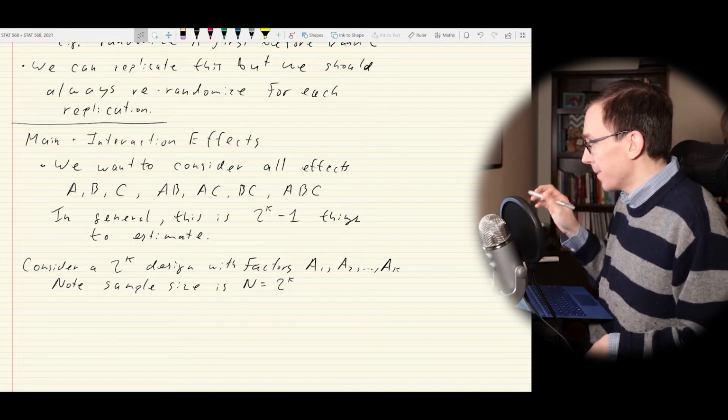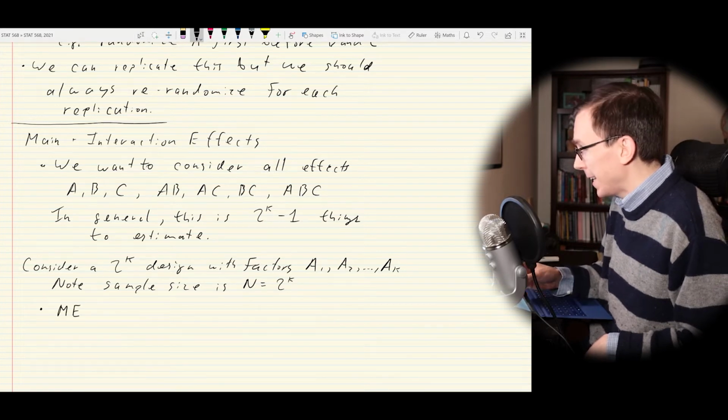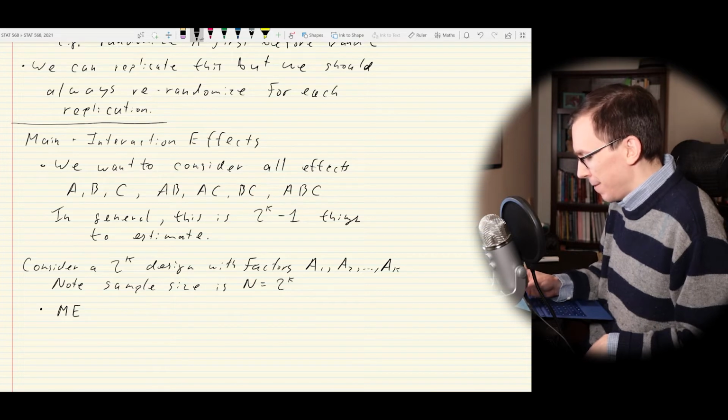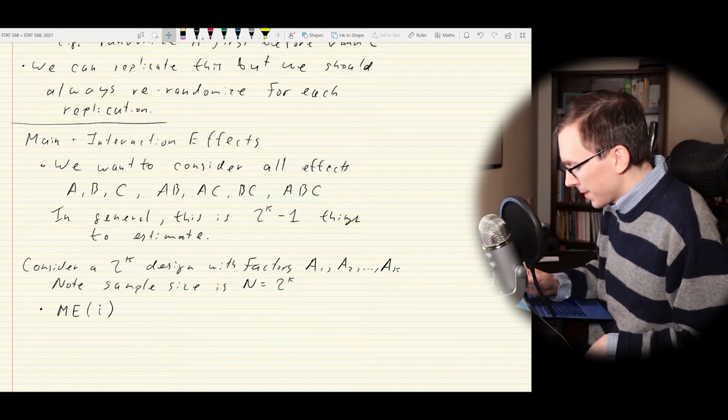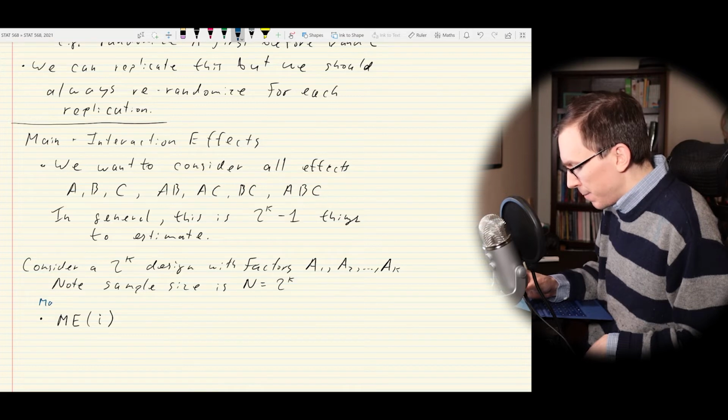Now what we can do is write down the main effect, ME for main effect of, let's say, factor I. So maybe I'll put that in blue here. Main effect for AI.